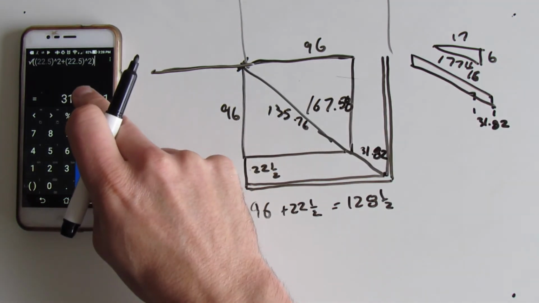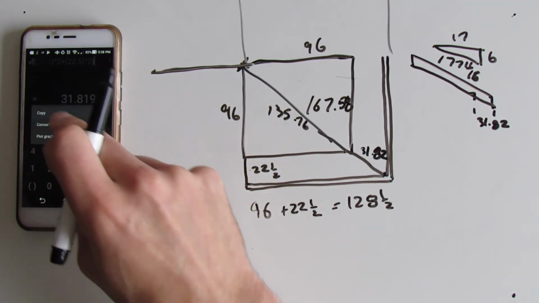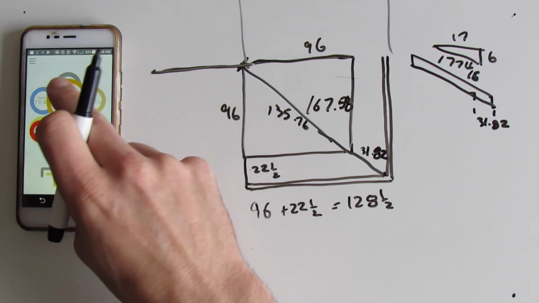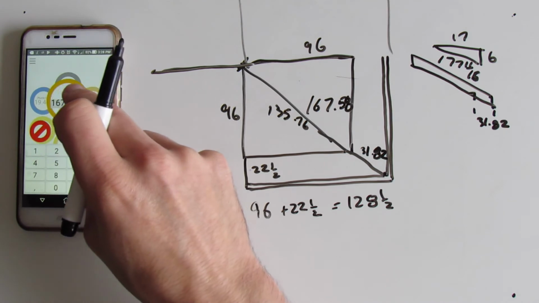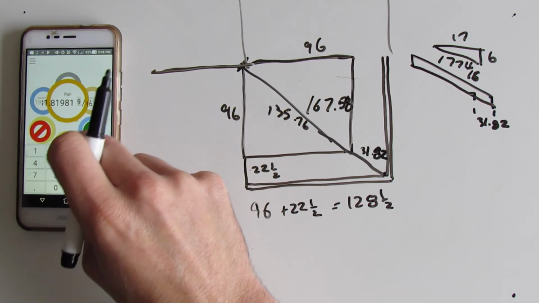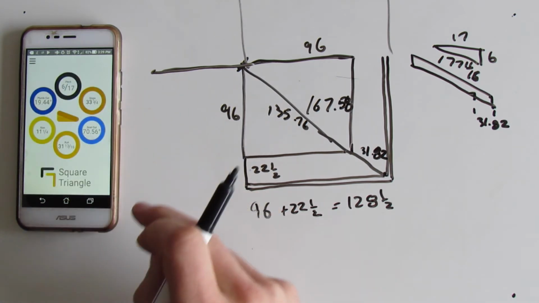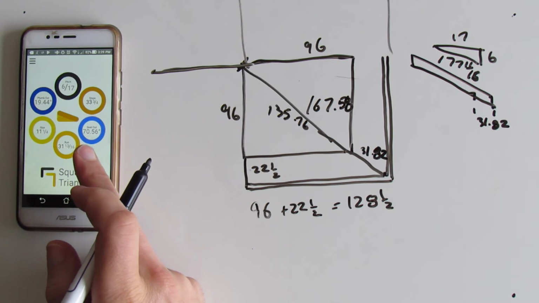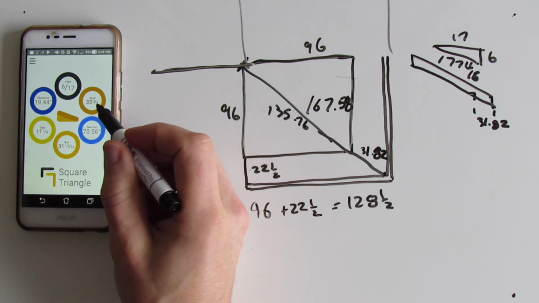So that's this value here. And we can bring that value over, so that works out to about 31 13/16. And on the slope that's 33 3/4.